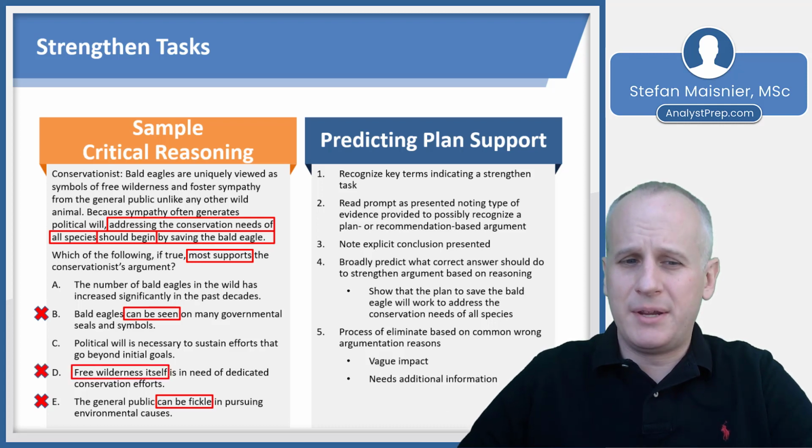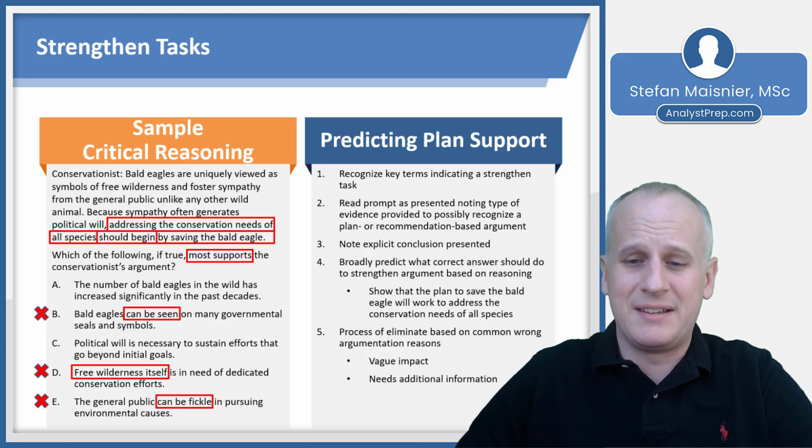You also need to make sure that you're not making assumptions about information that is not explicitly stated within the paragraph. So free wilderness itself being in need of dedicated conservation efforts, according to choice D, doesn't necessarily say that we have to do something else. And if anything, it kind of says that we should go with free wilderness before we start saving the bald eagle.